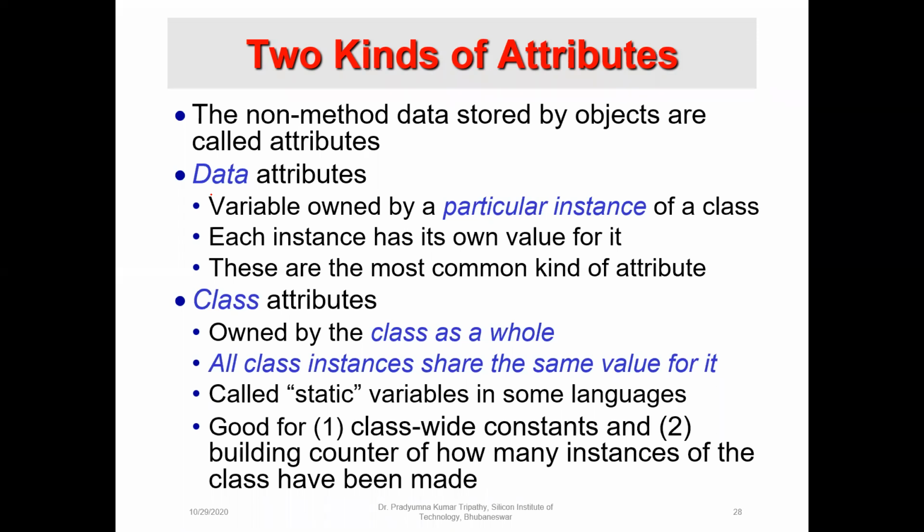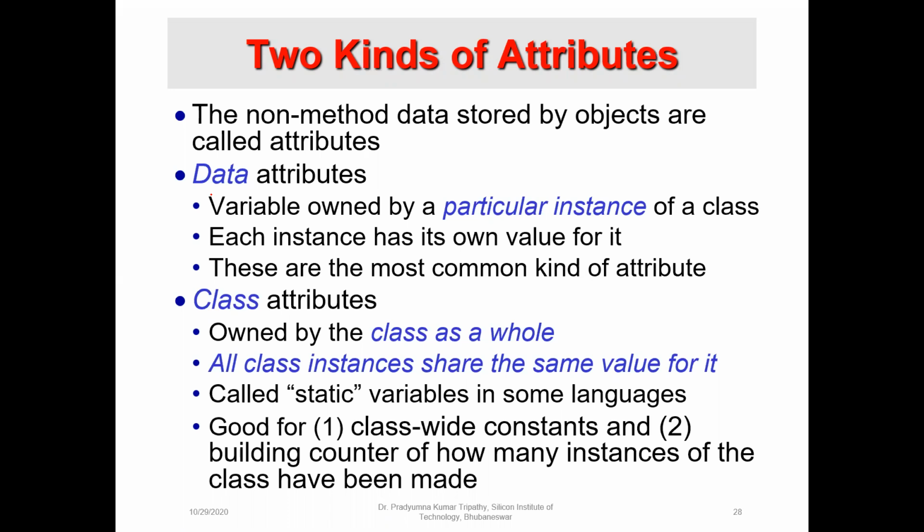Till now, what you have used are data attributes. That means for every object, separate data members will be created. Suppose I create self.roll number, self.name, self.mark. This is different for different objects. For every object, there is a separate attribute.